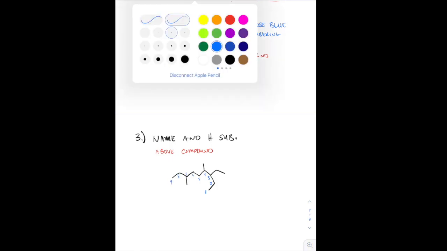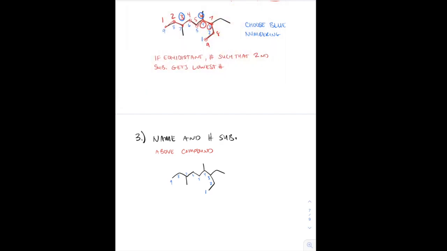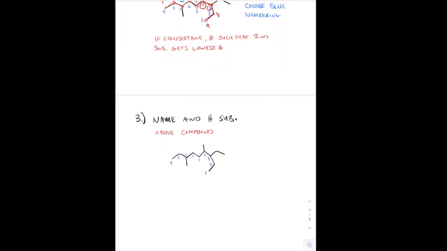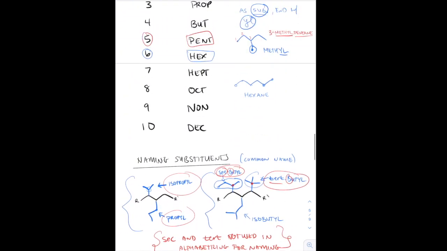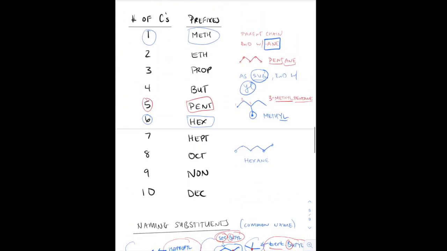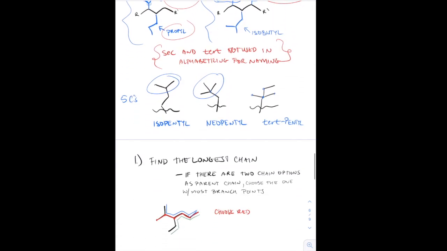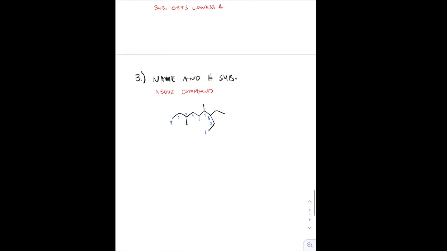So what we want to do is write down those names. Okay, so first it's 9 carbons, and so if we look back at our chart here, the number of carbons for 9 has the prefix non, and since it is an alkane, that's the functional group.